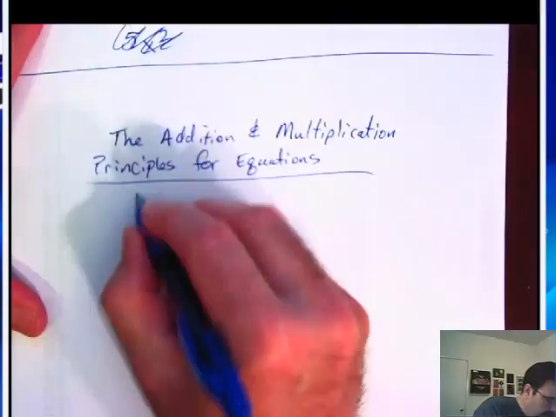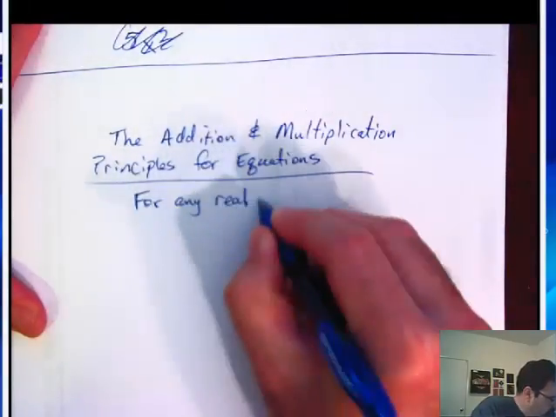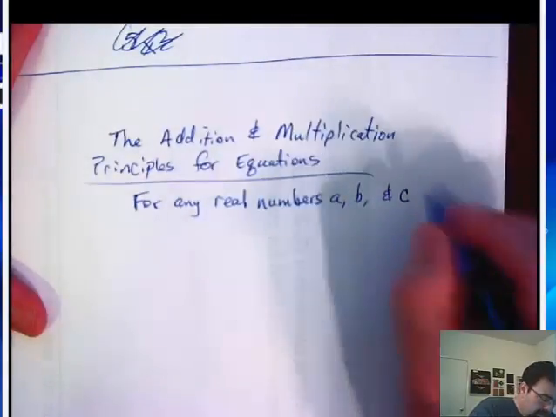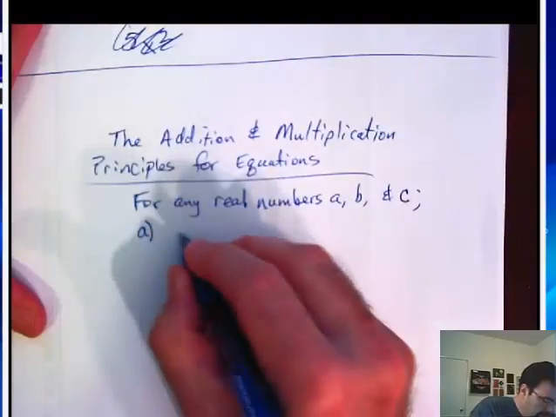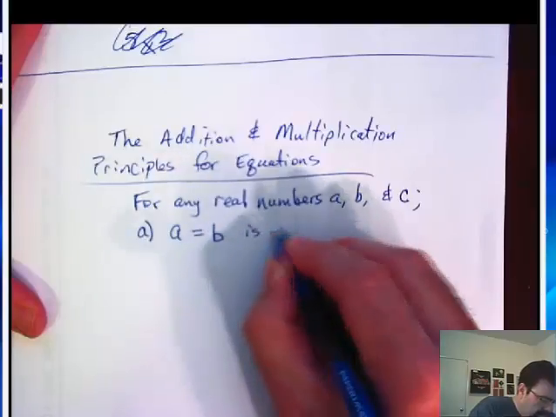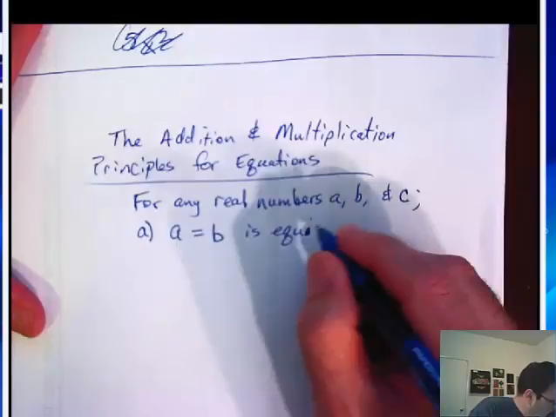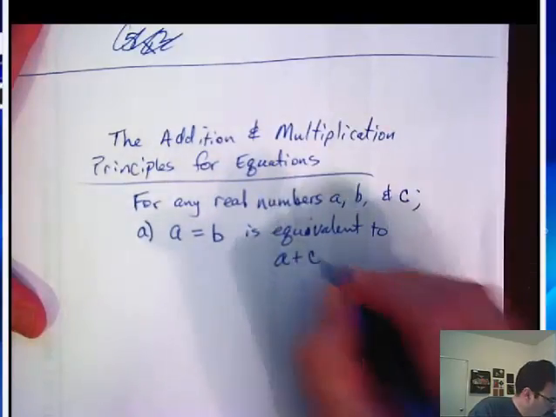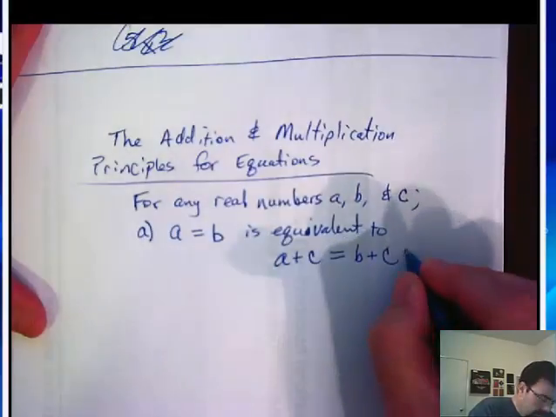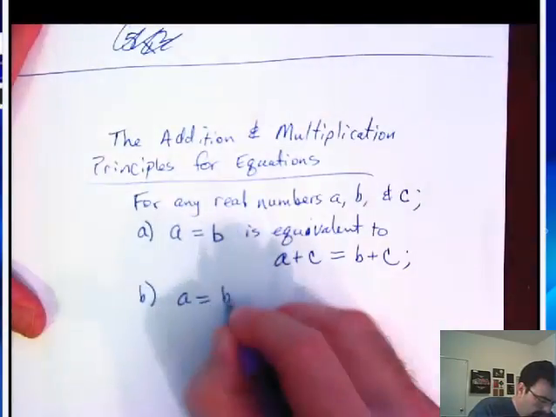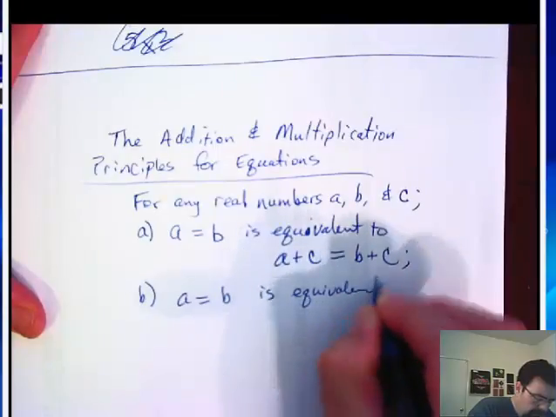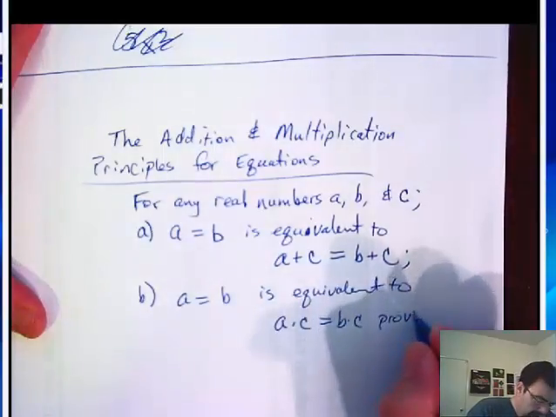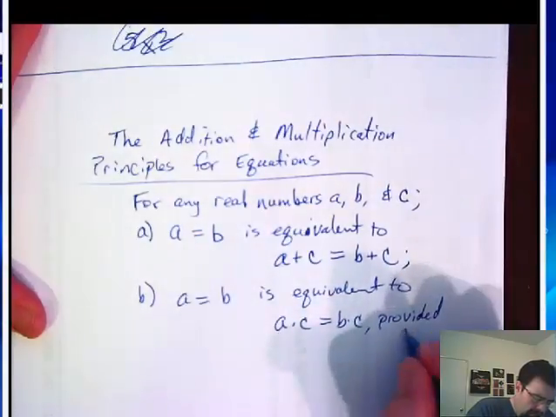For any real numbers A, B, and C, so we don't have any restrictions on A, B, and C, A equals B is equivalent to A plus C equals B plus C. And A equals B is equivalent to A times C equals B times C, provided C is not equal to 0.